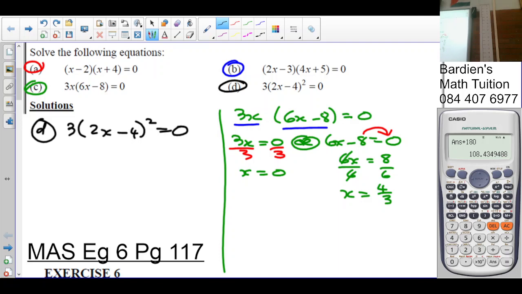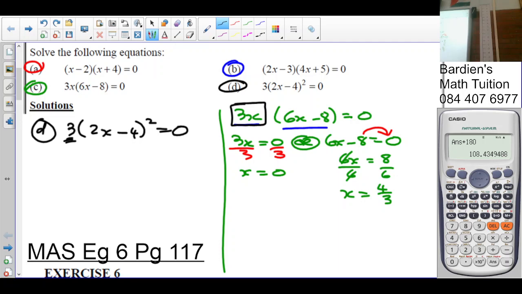But in this case there's only one factor. Because can 3 ever be equal to 0? No. I did it earlier because there was a variable, there was an x there. But because there's no variable on the 3, I don't have to say that.